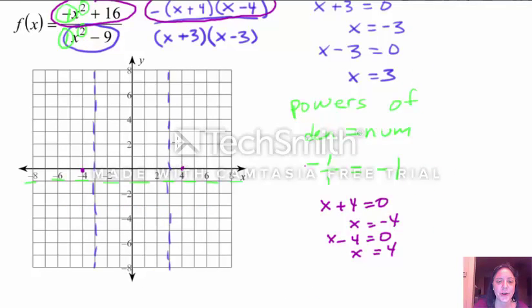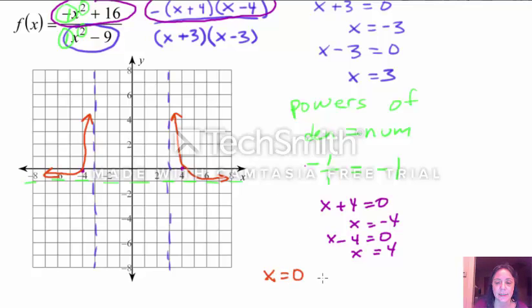We already know that we are up above our horizontal asymptote here, and we know we have to be approaching our vertical and horizontal asymptotes, so I'm going to sketch in here, and I'm going to sketch in here, and that leaves me with what is going on in the middle. So let's try x equals 0.